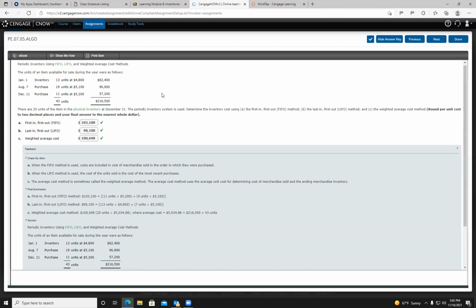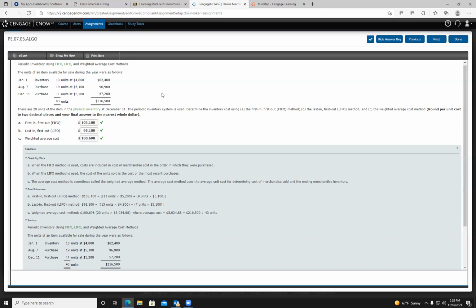So let me reiterate the difference between perpetual and periodic. With the perpetual inventory system, with every single sales transaction, simultaneously there's a ledger entry updating the cost of merchandise sold and your ending inventory balance.